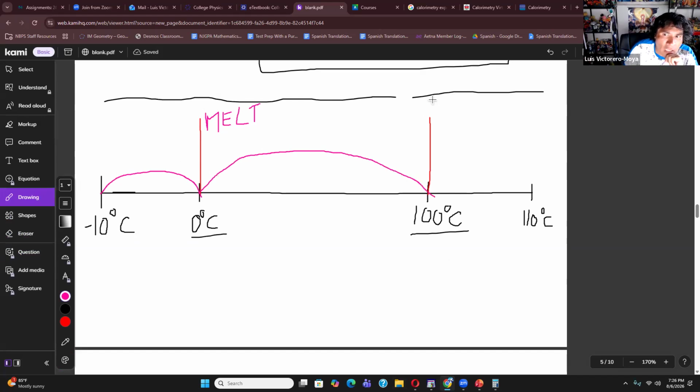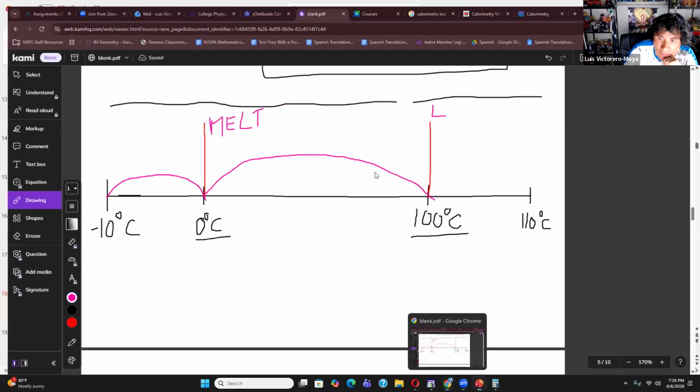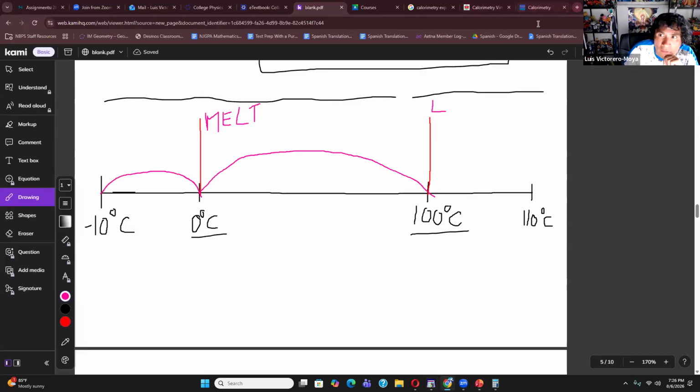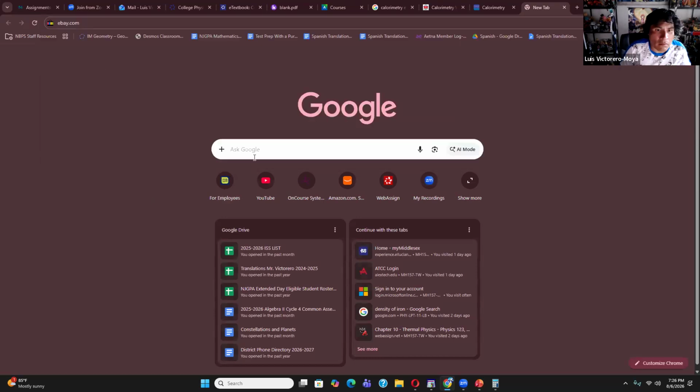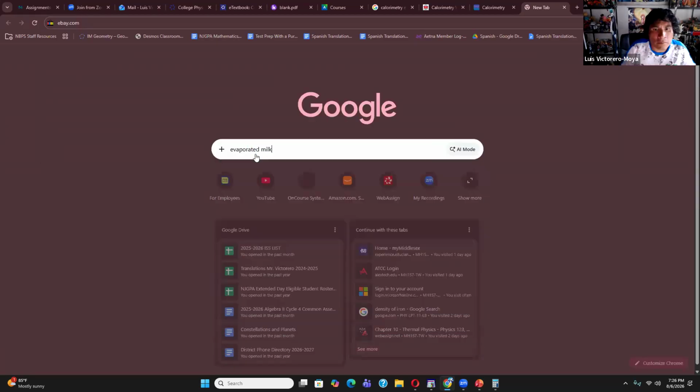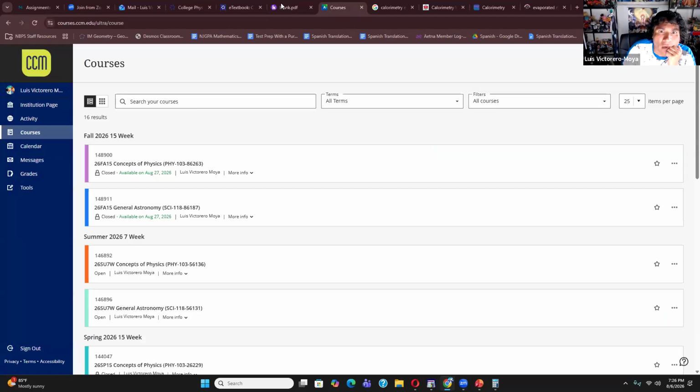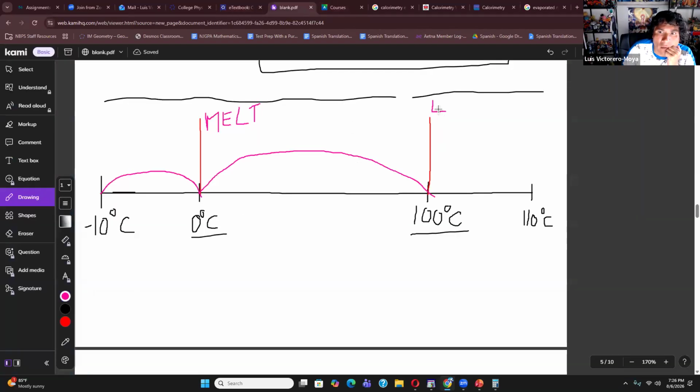Then it's going to evaporate water, and then you're going to heat steam. So you can label here: ice, water, liquid, steam.